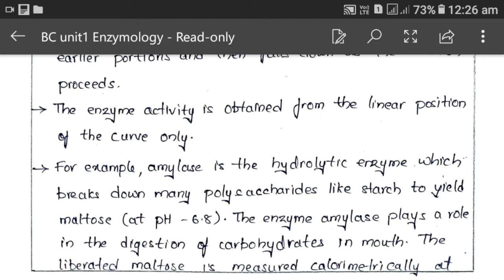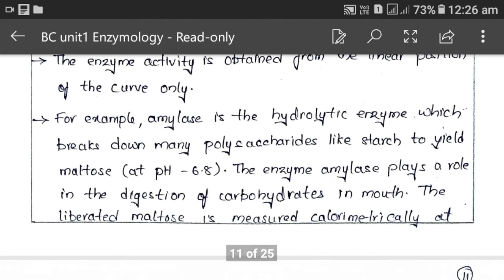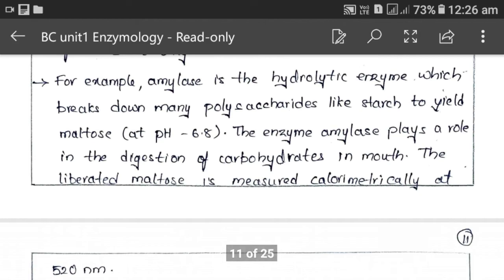Amylase acts on starch to yield maltose at pH 6.8, and plays a role in the digestion of carbohydrates in the mouth. By using the amylase enzyme on starch, we can yield maltose as an end product, and this can be measured colorimetrically at 520 nanometers.